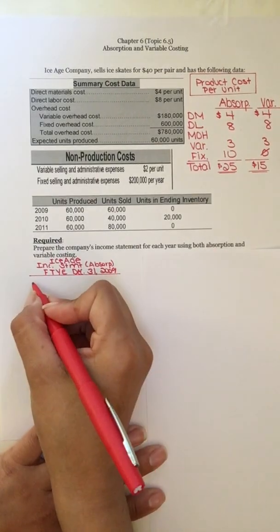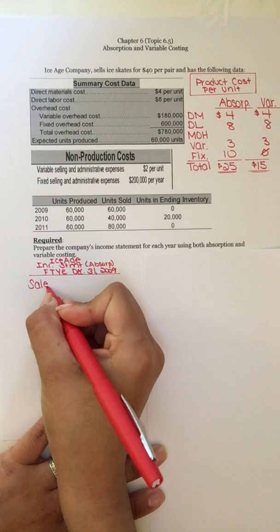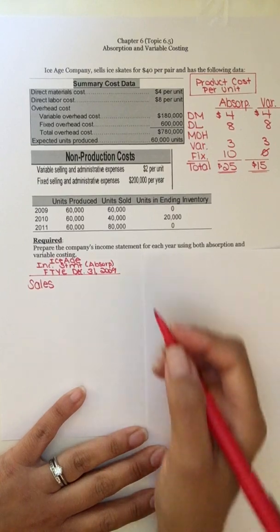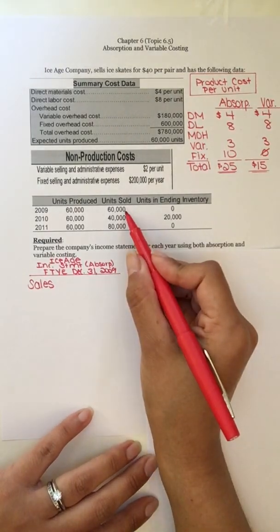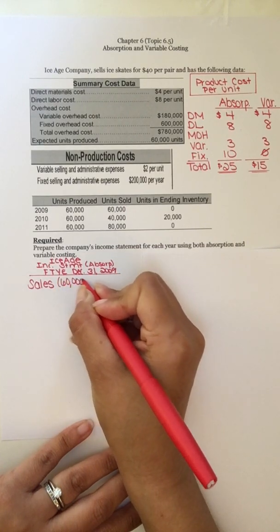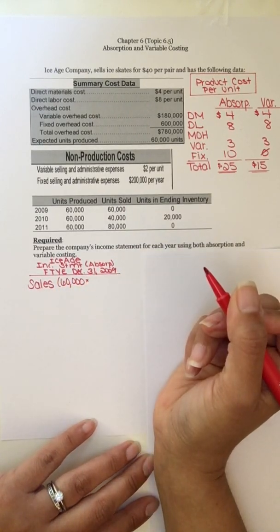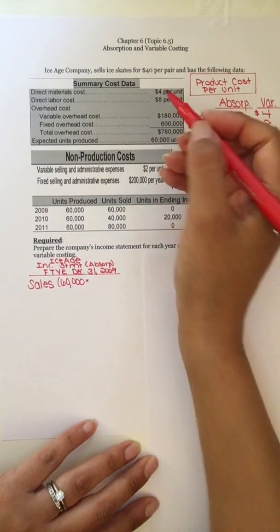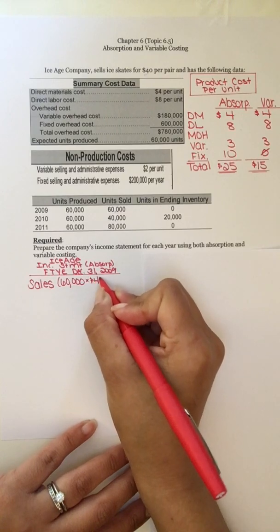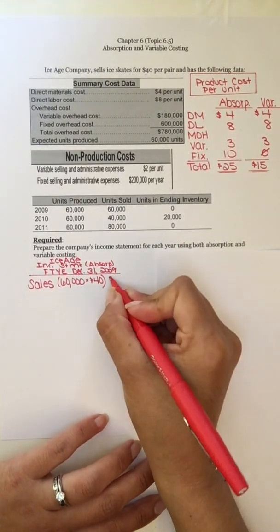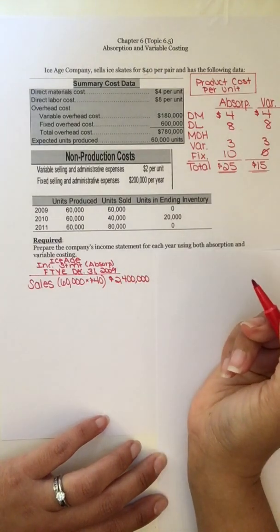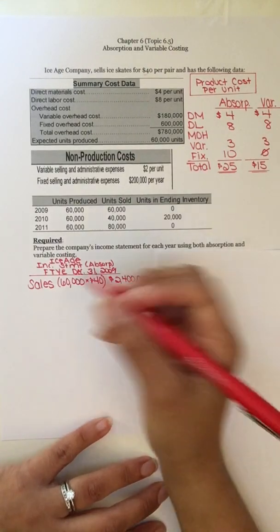We know that we start with sales revenue. To figure out our sales, we take the number of units sold in 2009, which was 60,000 units, and multiply it by the sales price per unit. If you go back to the first sentence, the sales price is $40. Multiply to get $2.4 million for your sales revenue under the absorption method.